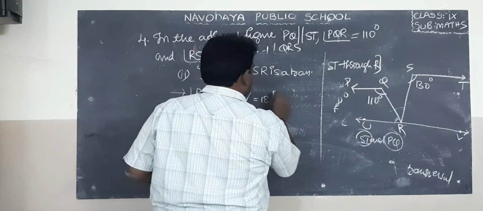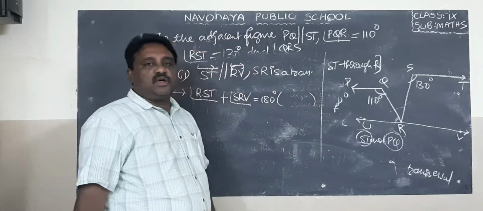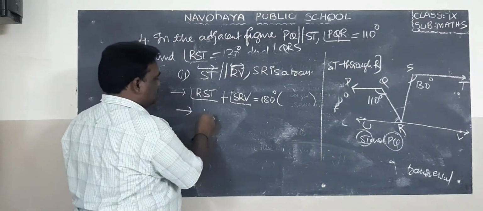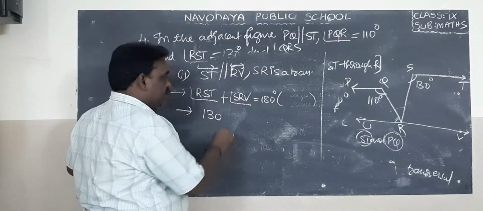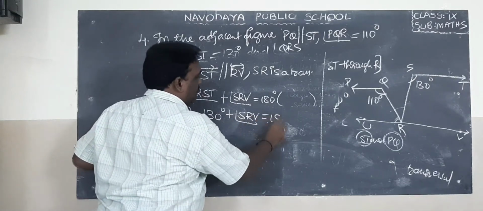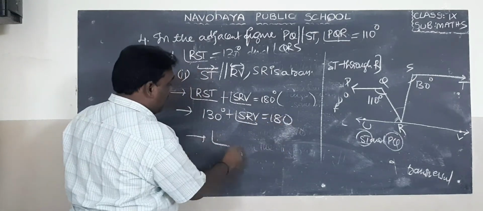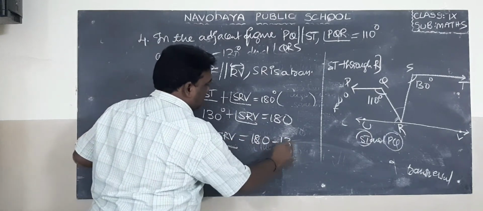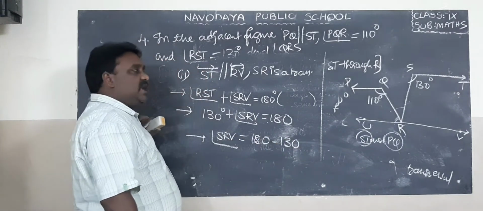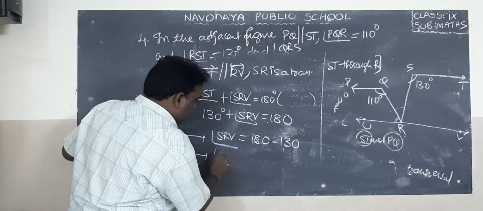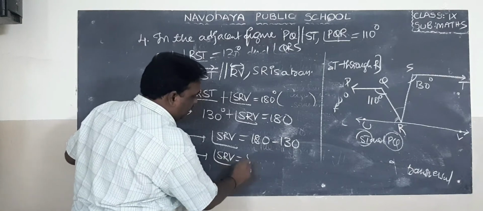Write the same reason: interior angles on the same side of the transversal. RST is 130, so 130 plus angle SRV equals 180. Angle SRV is 180 minus 130, so angle SRV equals 50.